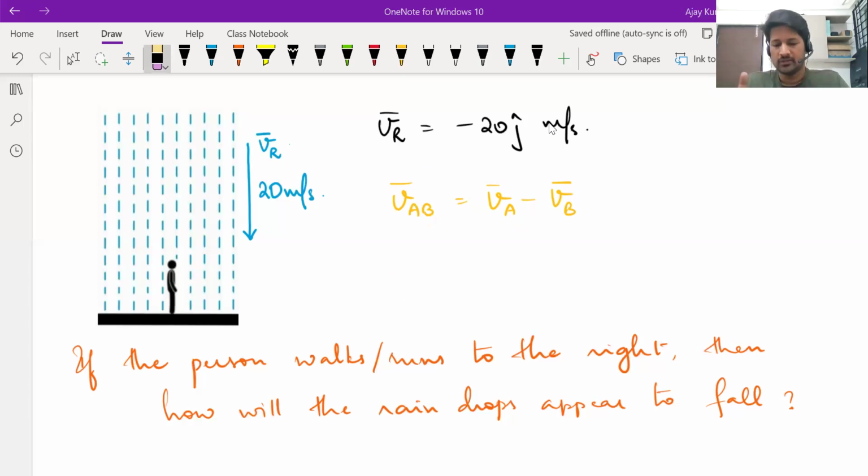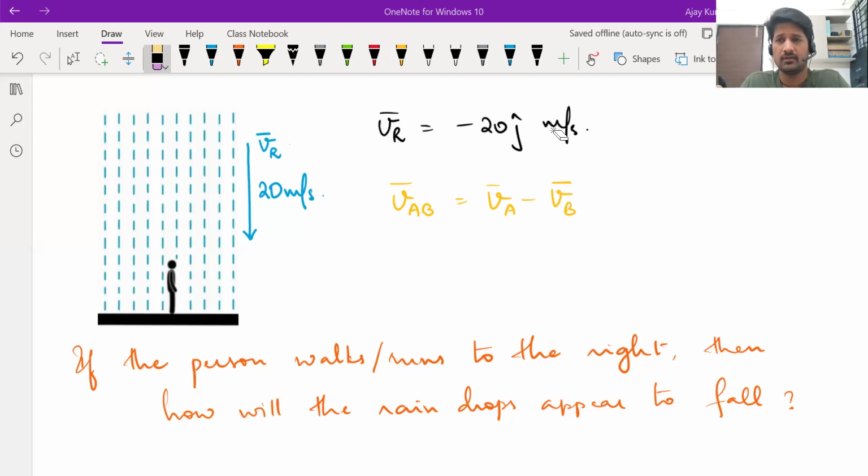Okay. So raindrops are falling vertically downward. And when the person is at rest, that is how they appear to fall. But if the person moves, will they still appear to fall in the same manner or will there be some change? That is the question. What do you say?